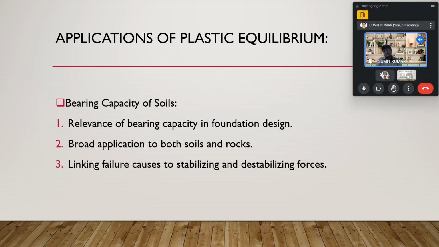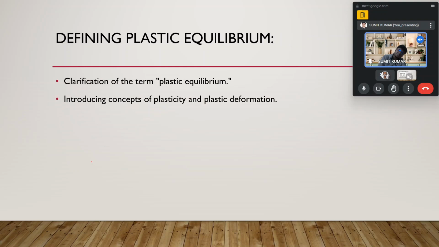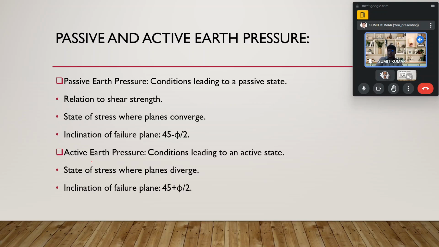Apart from that, linking failure causes to stabilizing and destabilizing forces is one more aspect we need to understand. Now, defining the plastic equilibrium, the clarification of the term, introducing the concept of plasticity and plastic deformation is one more aspect that we need to take care of.